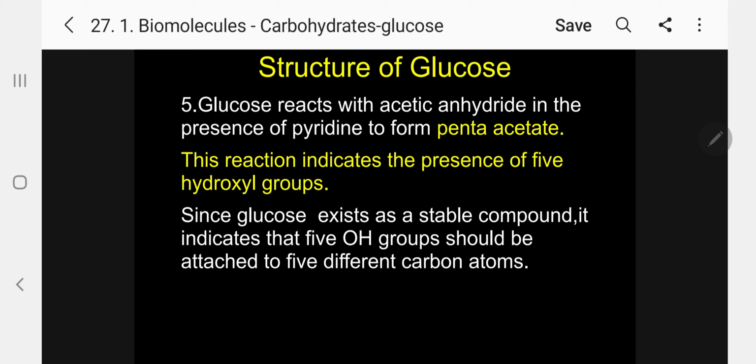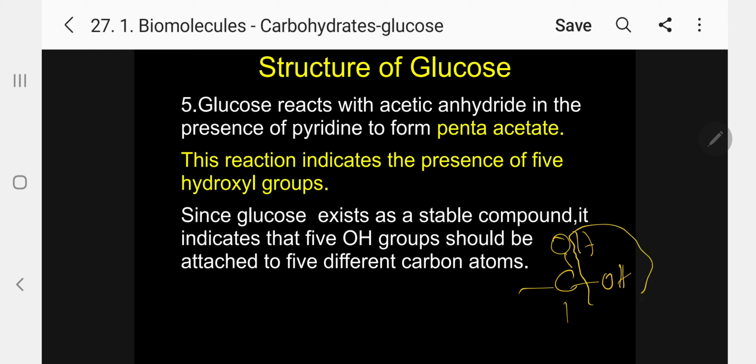Please follow. Let me explain this one. We are saying now it is a linear chain, and it has 5 hydroxyl groups. So where are the 5 hydroxyl groups? 5 hydroxyl groups in 5 different carbon atoms. Why not the same? Suppose OH groups are present on the same carbon atom, it is unstable.